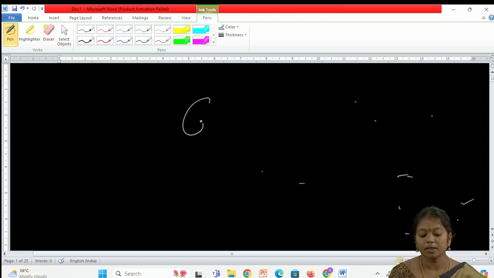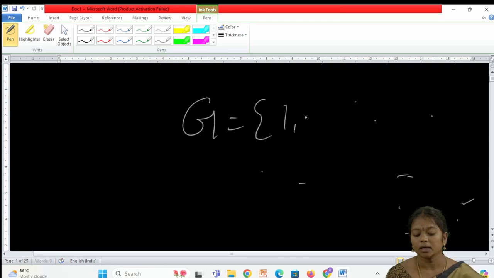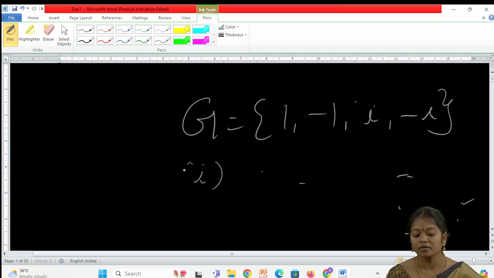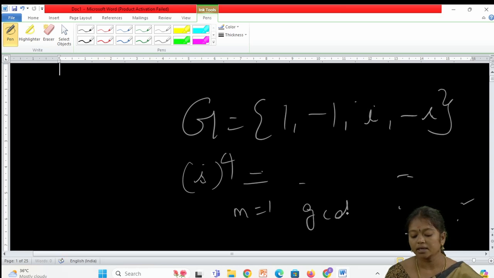G is a cyclic group 1 comma minus 1 comma i comma minus i. We can take the same example. i is a generator of order 4. Then m is 1, and the GCD of 1 comma 4 is equal to 1.